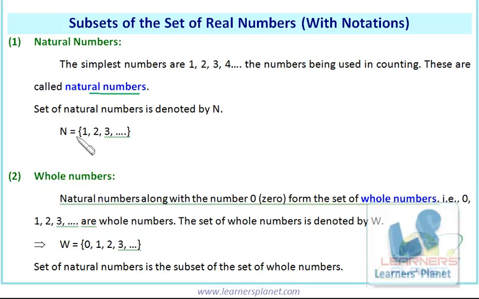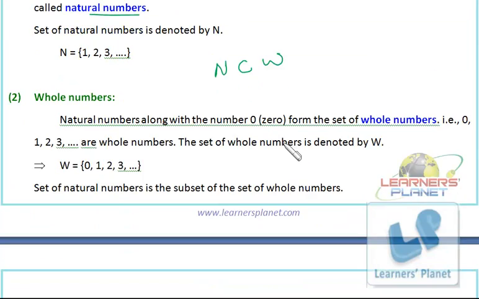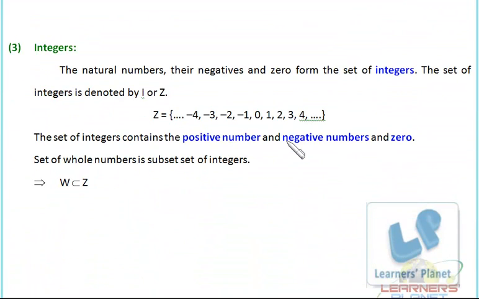So all the elements of N will be there in the set W, or we can say N is a proper subset of W. Similarly, next is integers. Okay, integers are negative whole numbers, 0 and positive whole numbers.